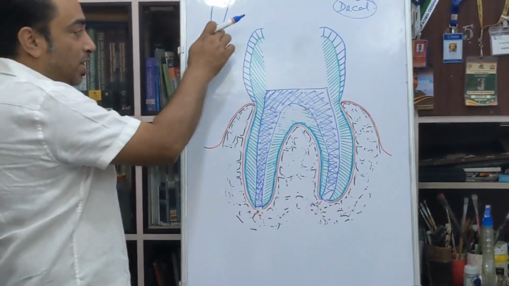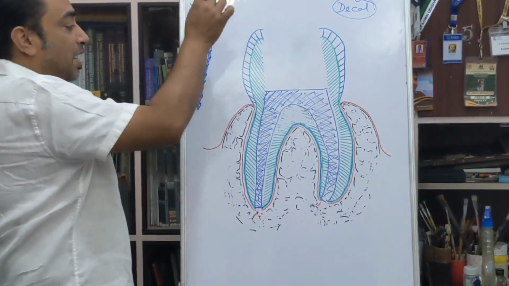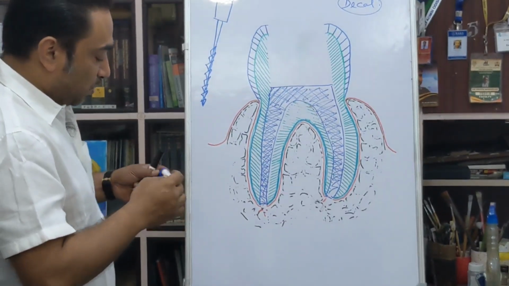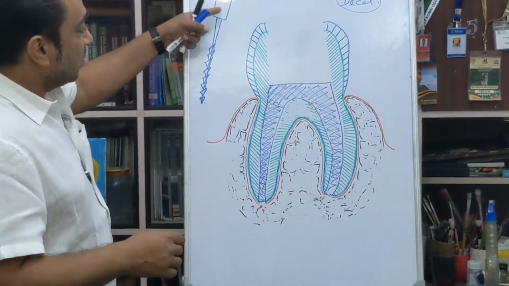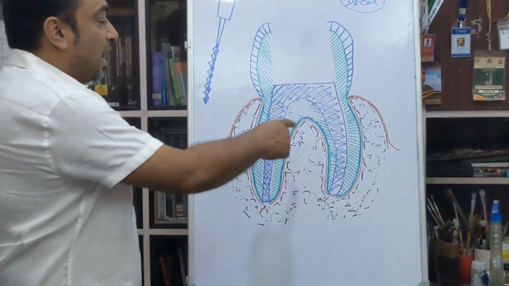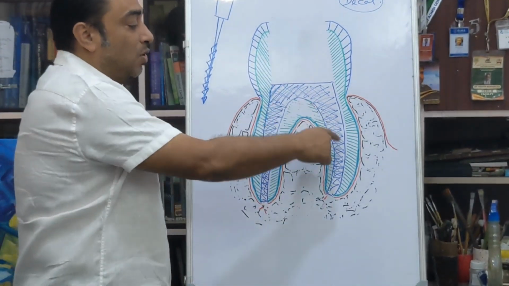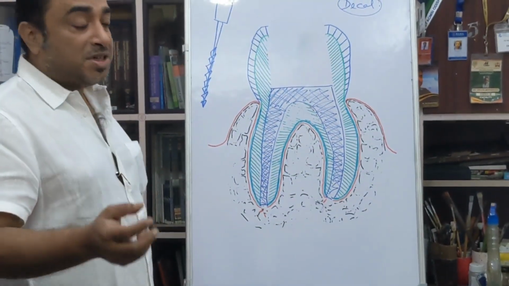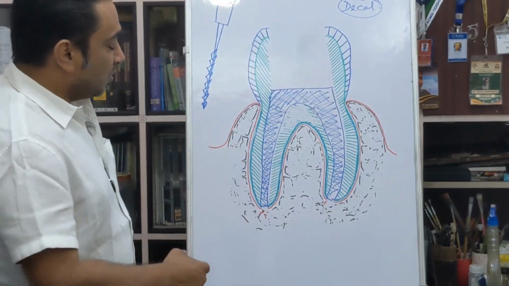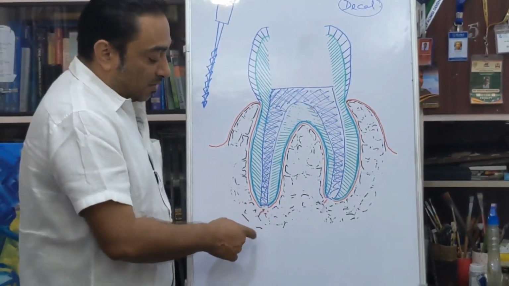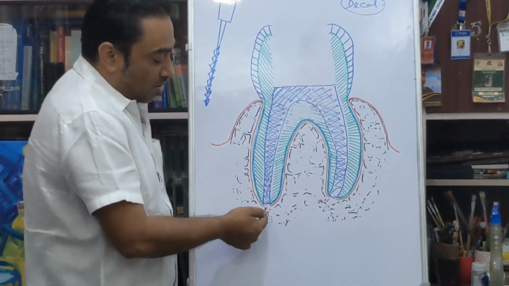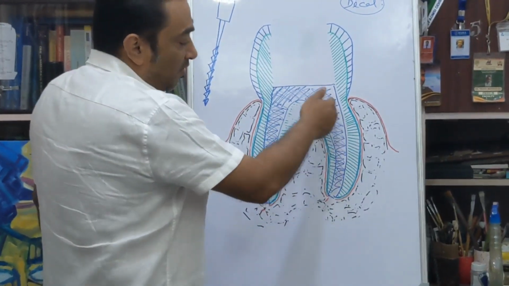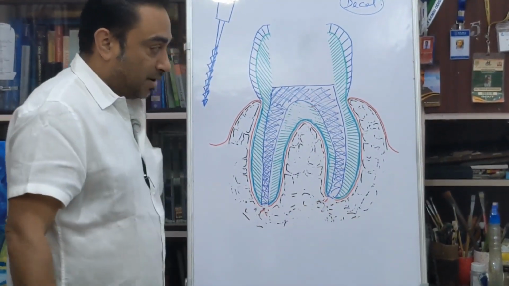So this can be loaded onto a machine or can be done by hand as it used to be for a long time. So that has cleaned the inside, and the whole inside has been filled now with an inert material called gutta-percha, so that there is no connection with the rest of the body. The bacteria cannot go back in, and obviously the inside is clean from bacteria.